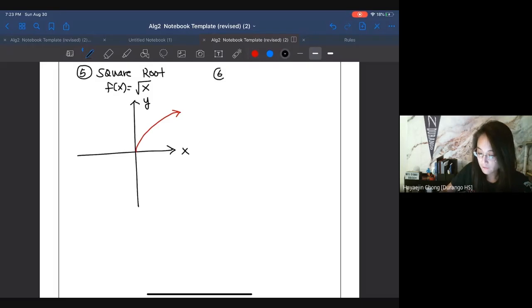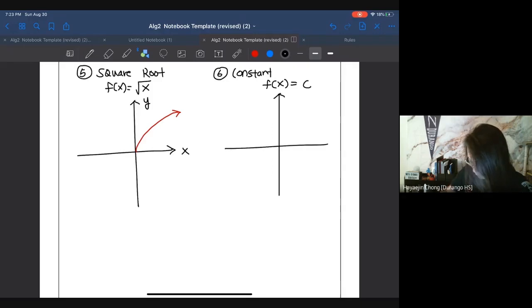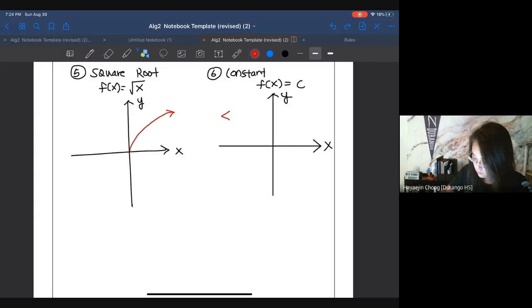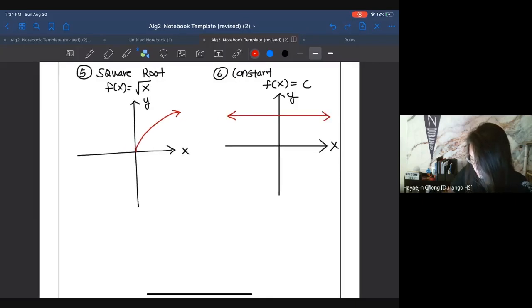We also have constant, which means you just have a number. In this case, you just have a horizontal line. We use a ruler. That's it. 6 different types of functions, but I only went over the basic, simplest graph.